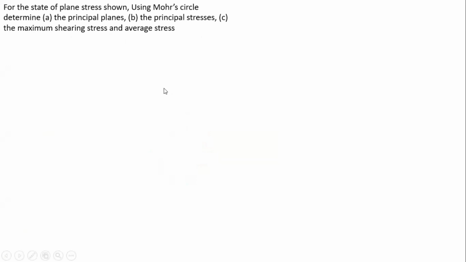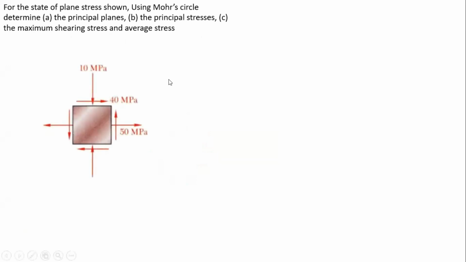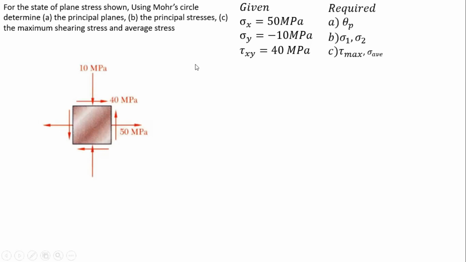Okay, so example natin for Mohr circle. For the state of plane stress, using Mohr circle, determine A, the principal plane, B, principal stresses, and C, the maximum shearing stress and average stress. So ito yung given natin na stress element. First step, syempre drawing natin yung stress element and then given and required.